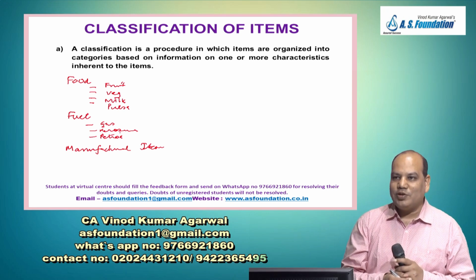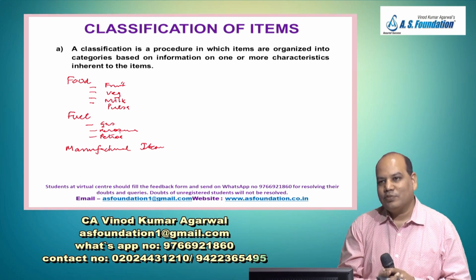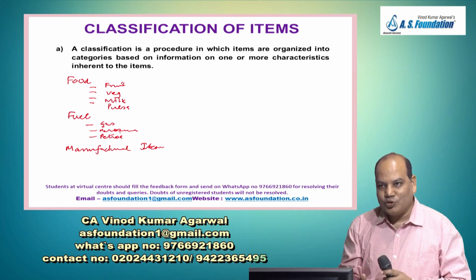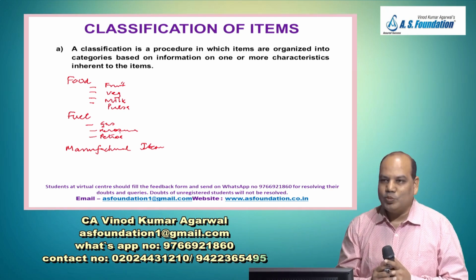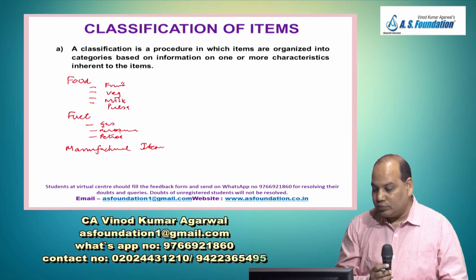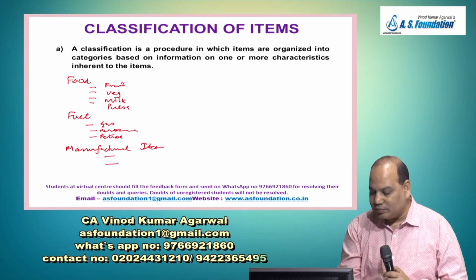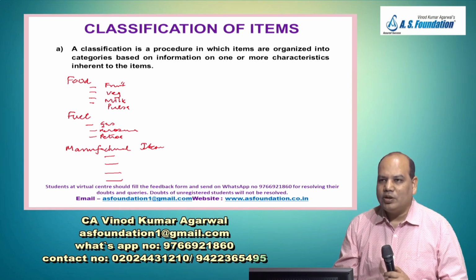Okay, the actual list is different. Interested students can do research on Google and you will find which items are actually included in the consumer price index calculations. Like this, manufactured items can be biscuits or bread, butter, anything which consumers use. They have made a list.